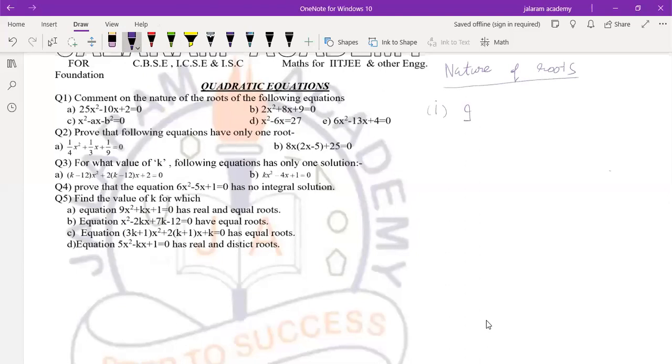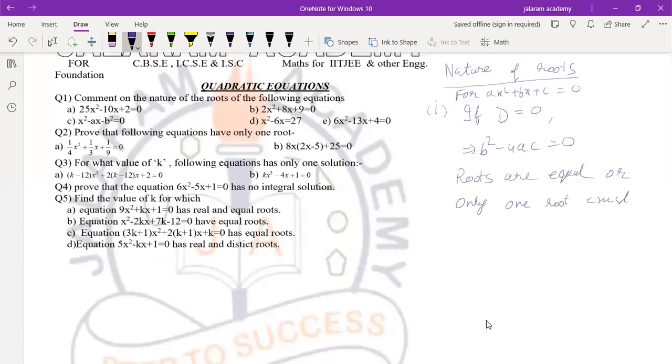First, if discriminant equals 0 for ax square plus bx plus c equals 0, that is b square minus 4ac equals 0, roots are equal, or we can say only one root exists.